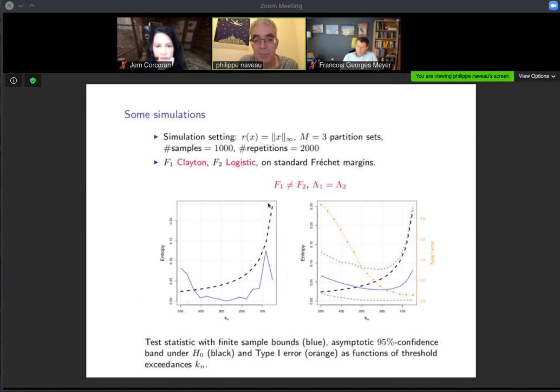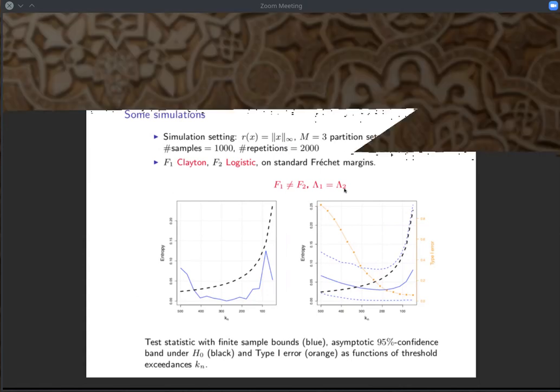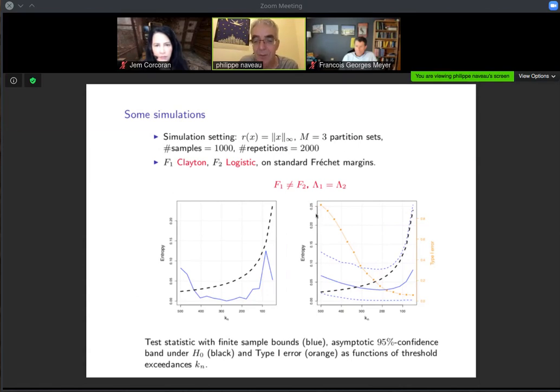It makes sense because they are different for small values. But when k gets large, H0 is not rejected anymore, because we know by construction that the extreme dependence in the upper tail was the same. So it looks like it's working in this case too.